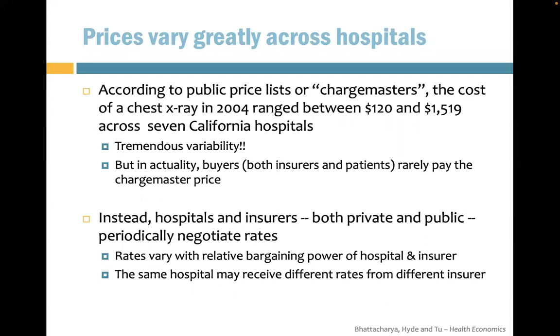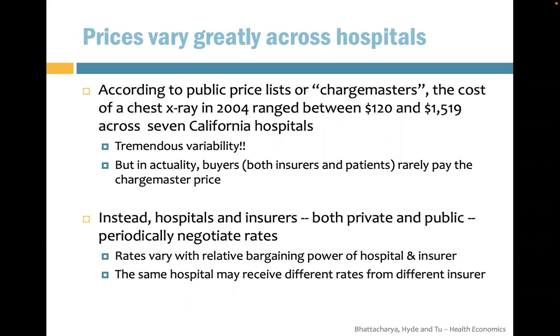So rates usually vary with the relative bargaining power of hospital and insurer. If the insurer has higher bargaining power, then insurer can pay less. Okay. If the hospital has higher bargaining power, then they charge more.